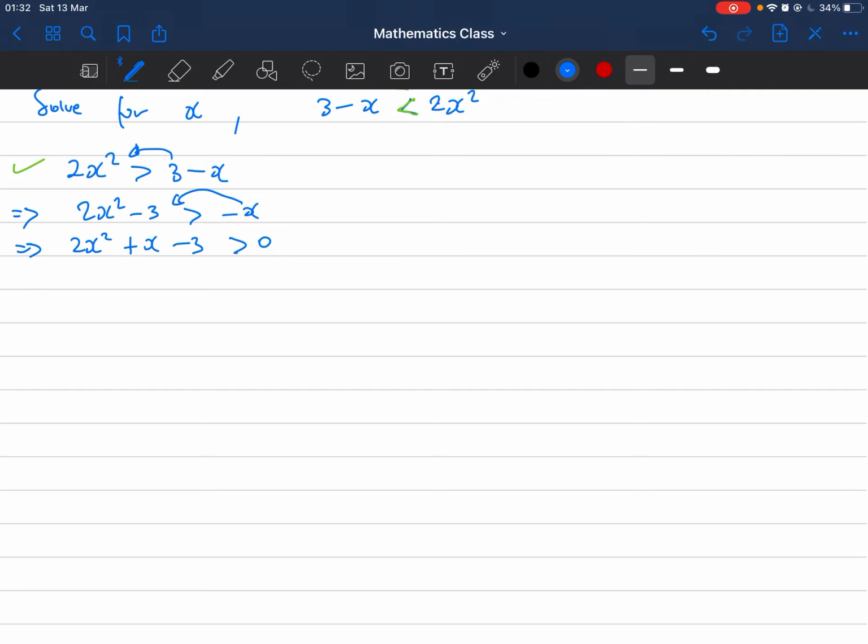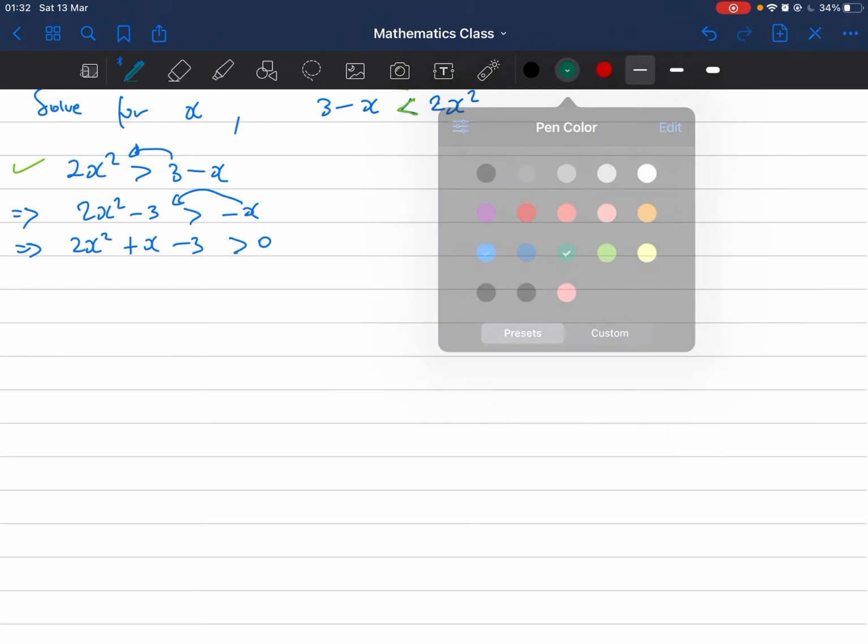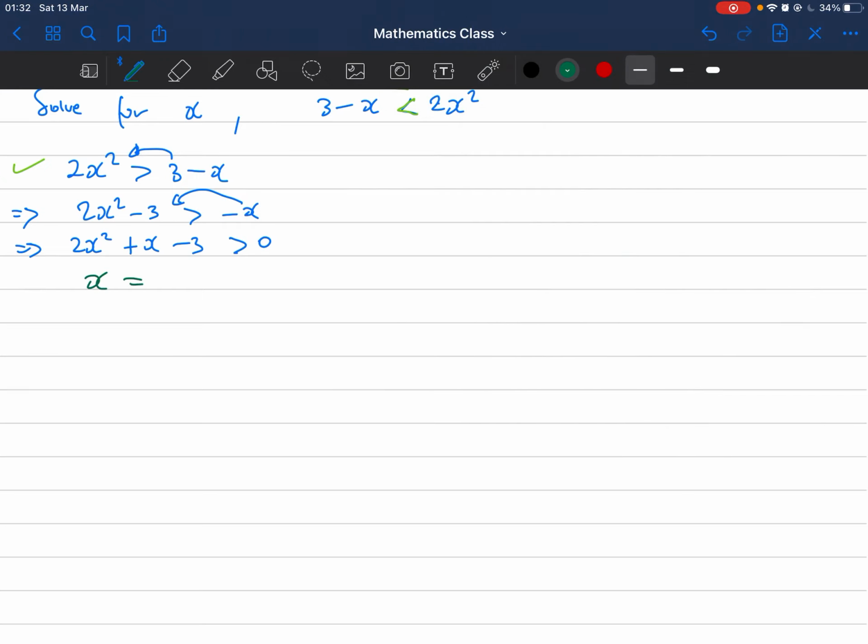So this is what it says: x is equal to minus b plus or minus the square root of b squared minus 4ac, divided by 2a. Okay, in this context we know our b is 1 and our c is... oh, our a is 2, sorry, and our c is negative 3.